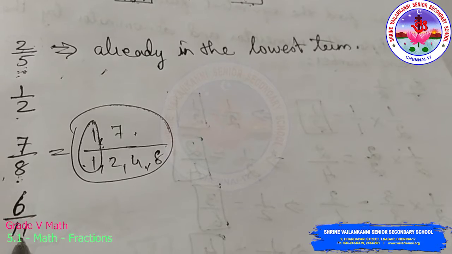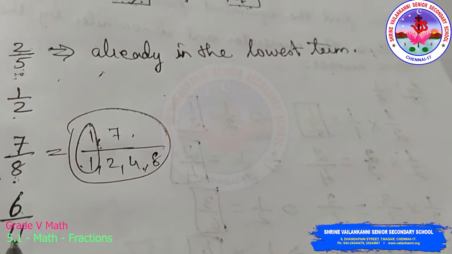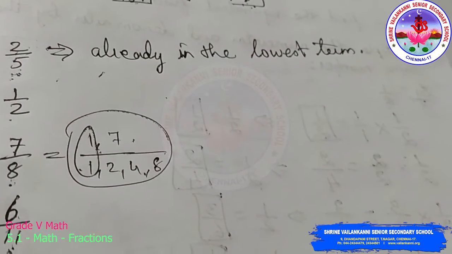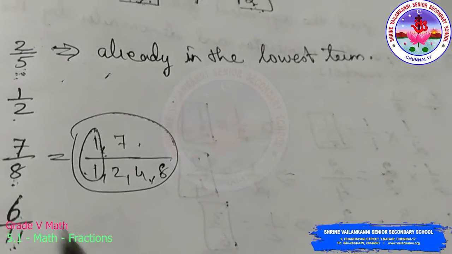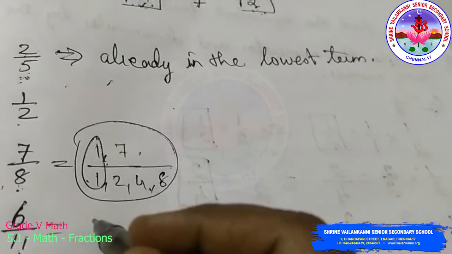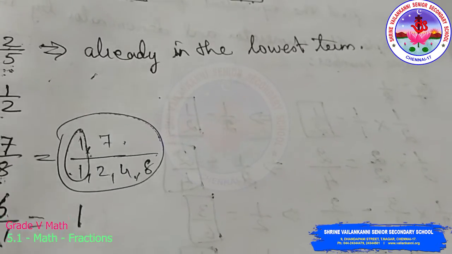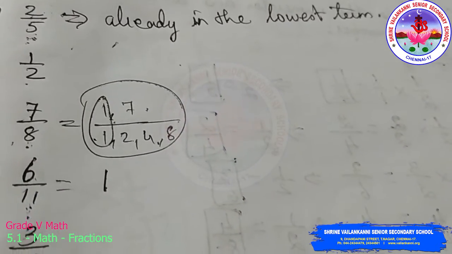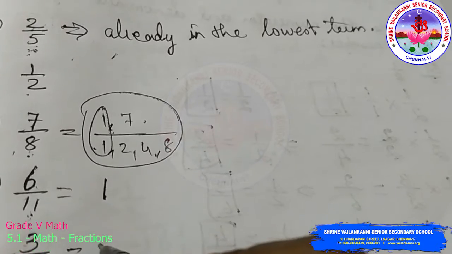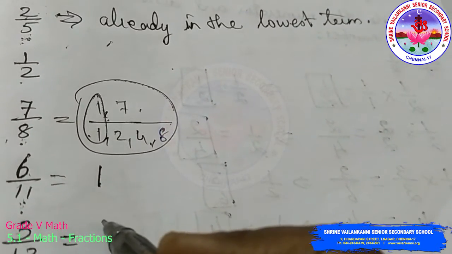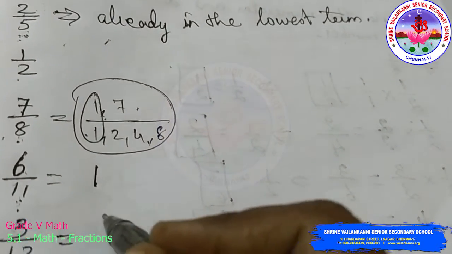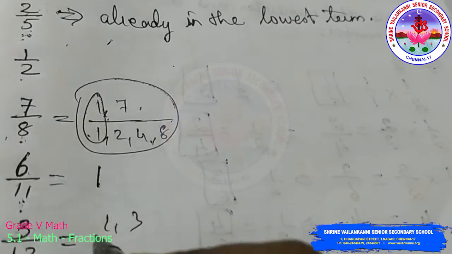6 by 11. So 6 and 11 combinedly both numbers will not come in a common table. That is, you don't have common factor other than 1. So this is also already in a lowest term. 3 by 13. So this is also in a lowest term, because for 3 factors, if you take 1, 3 is 2 factors.